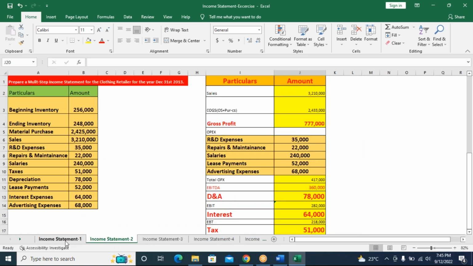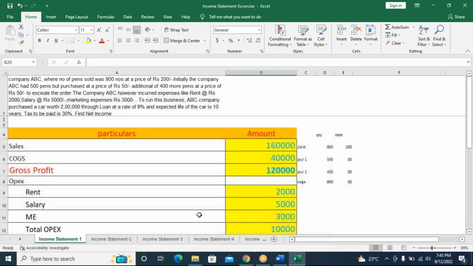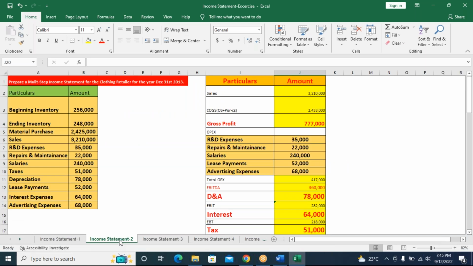Okay, any doubt in income statement 1 and 2? No, ma'am. Just check and let me know. Anyone who had not followed it? Any doubts on how the calculation was done?